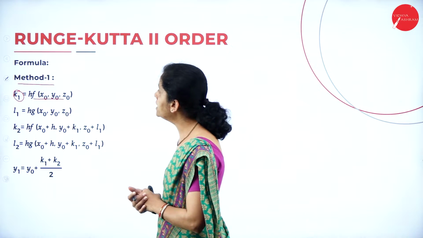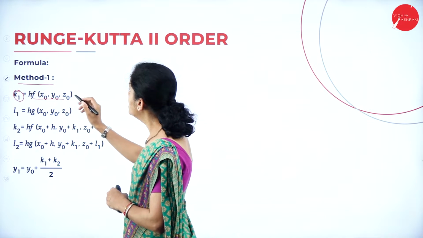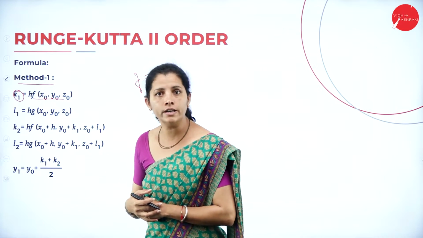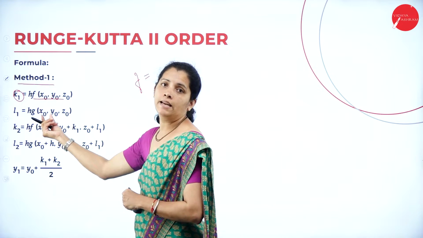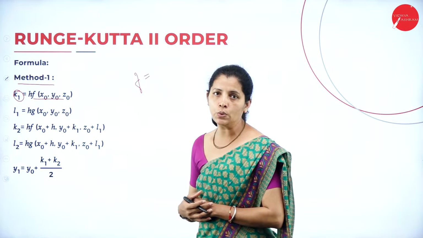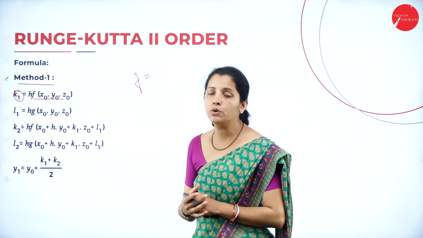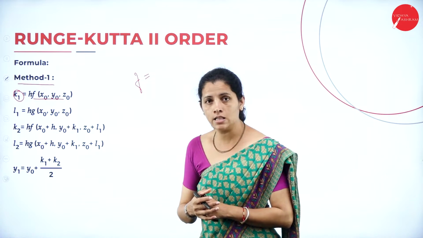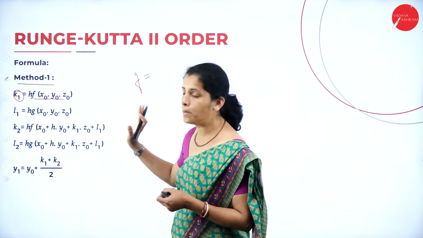Here I'm going to consider the function, and f is nothing but the first order derivative, and g is represented as the second order derivative. I'll explain what is first order derivative and what is second order derivative while solving the example. For the time being, you just remember this formula.